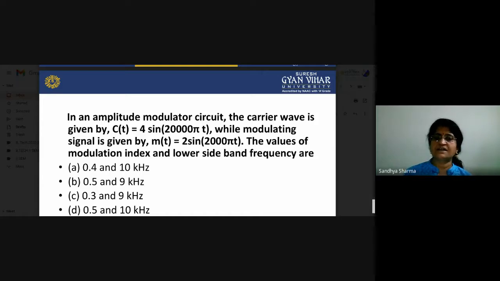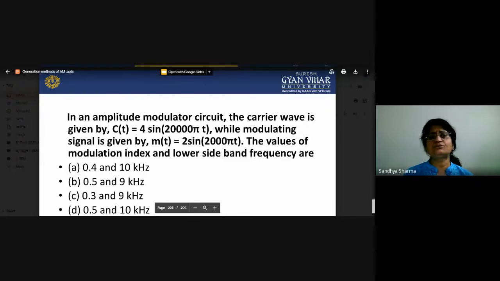Before starting, we have to know the basic role. First of all, we have to know what amount of power is accumulated in the LSB and USB. In the questions, you may be given a suppressed carrier, or a basic amplitude modulator circuit. If the amplitude modulator transmits a certain power, that is the total power, and then by using that power we can calculate the carrier power and so on.